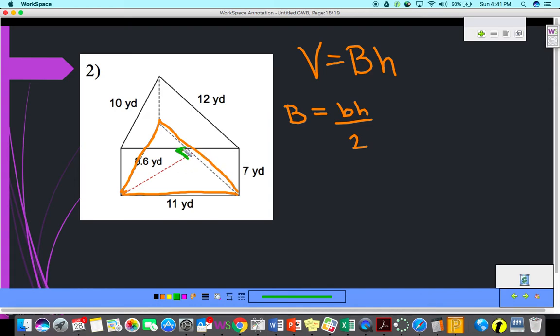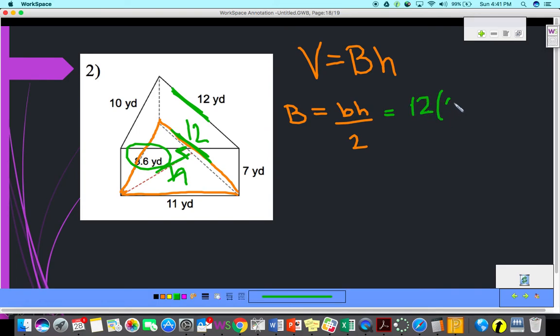I know the right angle connects the base and the height, so I'm looking at this value and at this value. This value right here is 8.6. That's the height. This value right here, I don't see a number there. But if I look for parallel sides, I know this is going to be a 12.